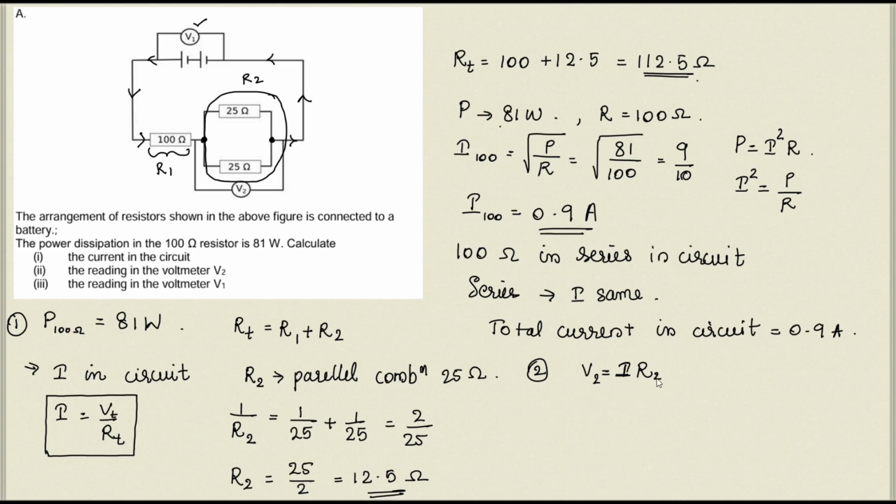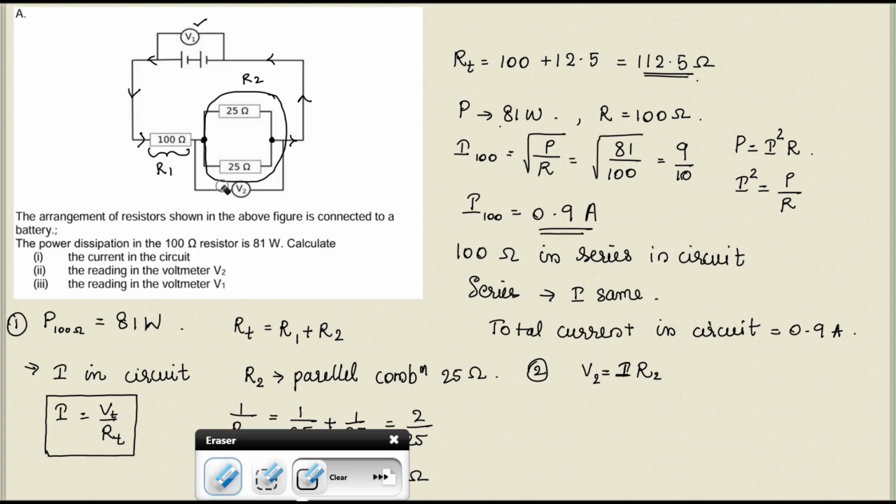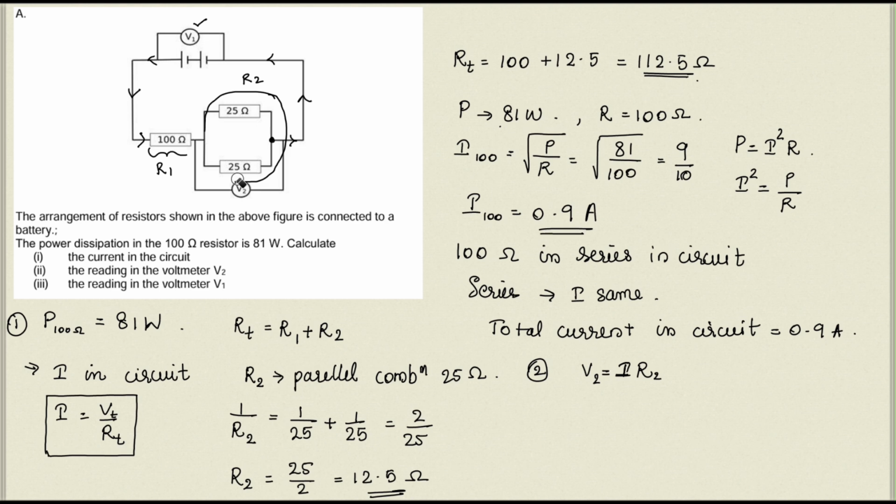So V2 is I into R2. Now the current passing through both the 25 omega resistors together is 0.9 ampere, because this current will split at this particular junction, right?